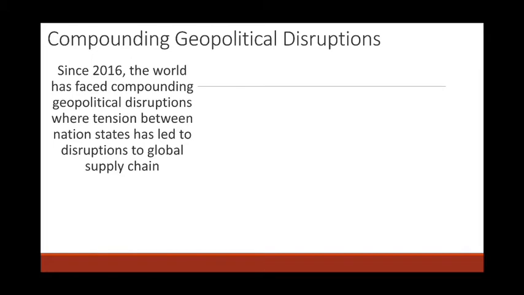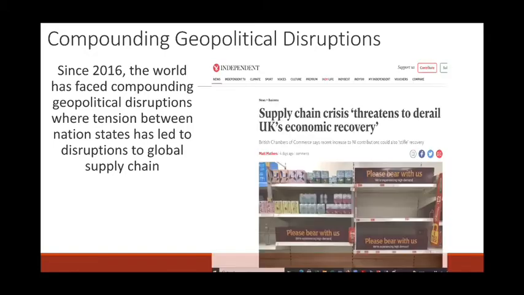And then if that wasn't bad enough, COVID-19 came along and there were a lot of other geopolitical tensions that came with that. So we're in the middle of what the Independent, and many news sources, have called a supply chain crisis. And this supply chain crisis is threatening to derail the UK economic recovery in terms of GDP, as well as the world economic recovery. We talk about supply chain crisis in the US.